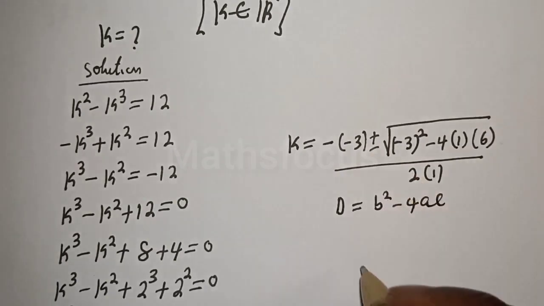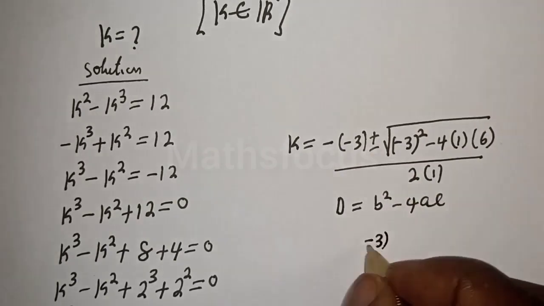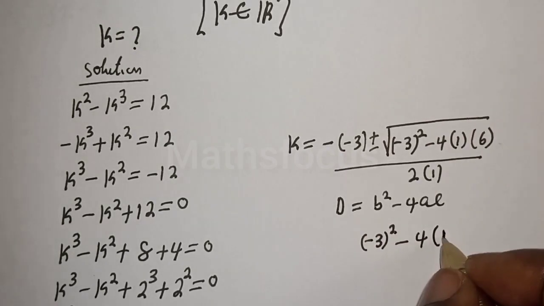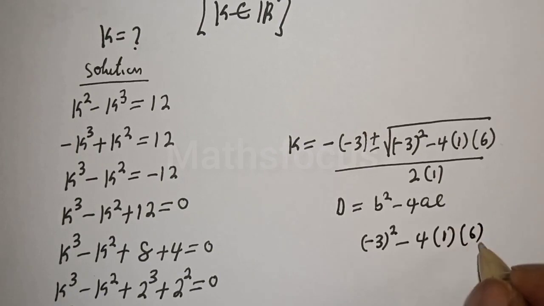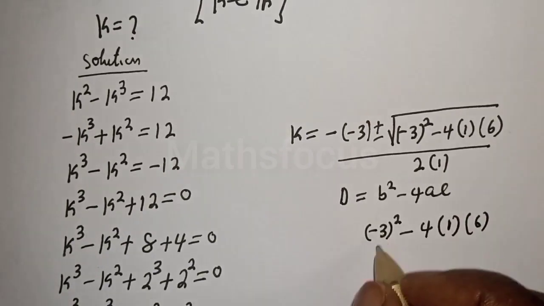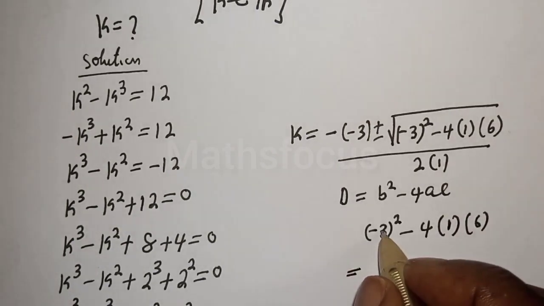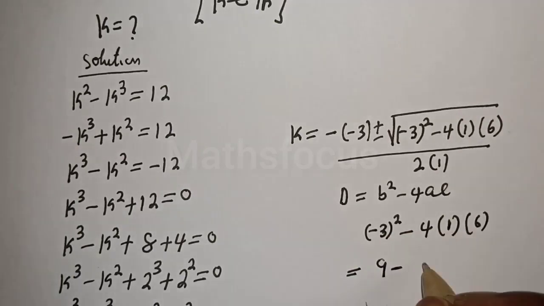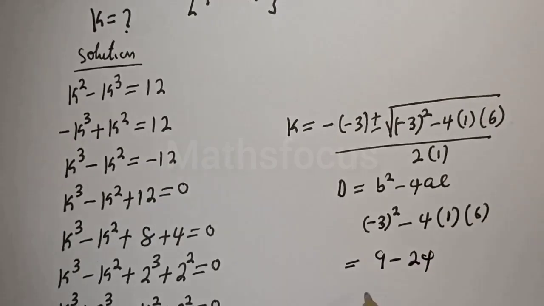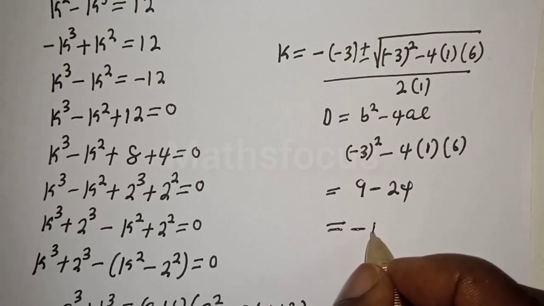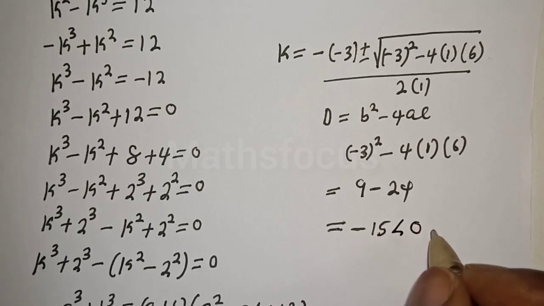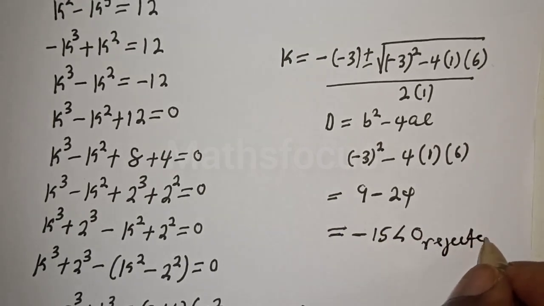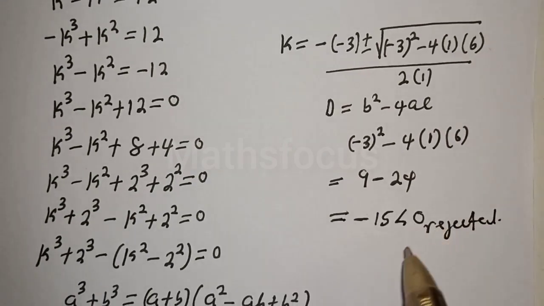Then b is minus 3 square minus 4 multiplied by a is 1 and c is 6. Then this is equal to minus 3 square 9 minus 4 times 1 times 6, 24, equal to minus 15, and this is less than 0, so this is rejected because no real solution here.